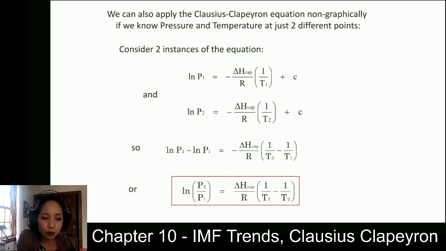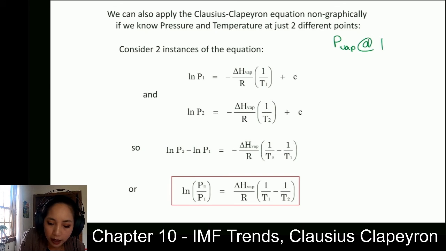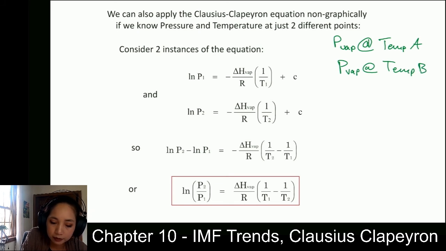So we need a vapor pressure at 1 temperature, let's say A, and then we have to know a different vapor pressure at temperature B, or 1 and 2, whatever, 1 and 2.